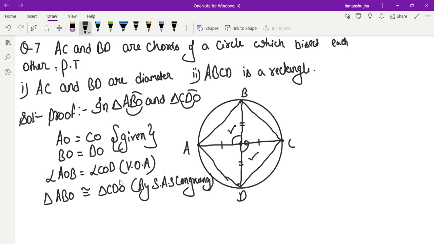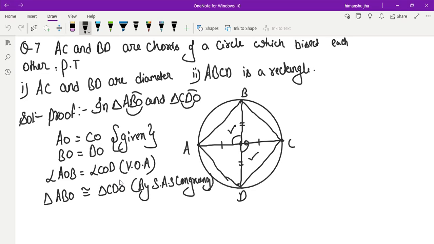We can say AB equals CD, which is already known since ABCD is a parallelogram. Opposite sides are equal in a parallelogram, and since the diagonals bisect each other, AB and CD are equal anyway. So that is no point.